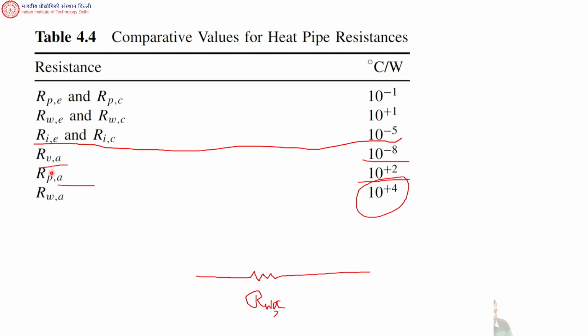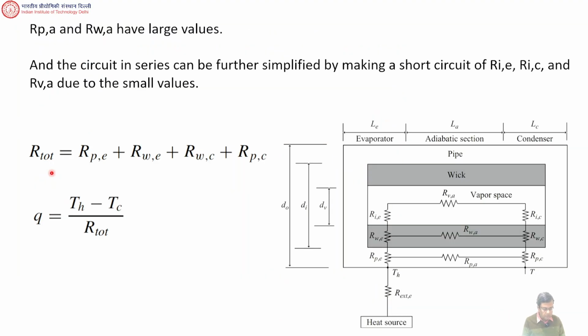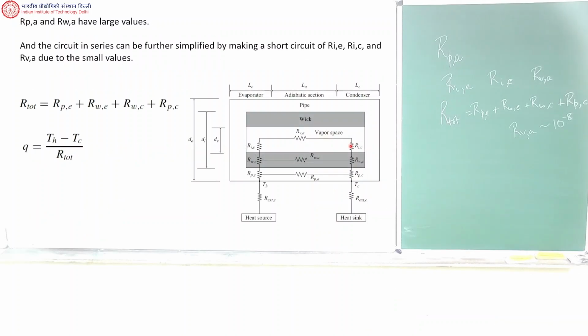Why is it so small? It's getting quite a bit of length, but it's vapor, right? So you expect the thermal conductivity to be low.